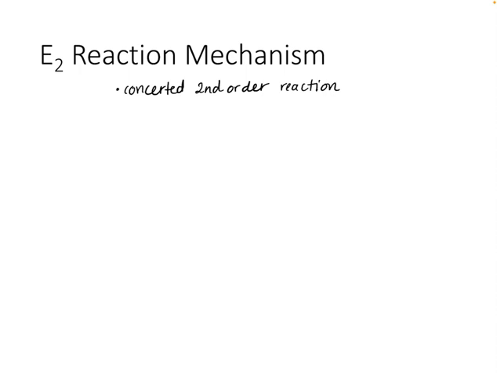So a base will come in and grab a proton, which will leave behind electrons to create a double bond, and then the leaving group leaves. So that all happens in one step. So that is a concerted reaction.